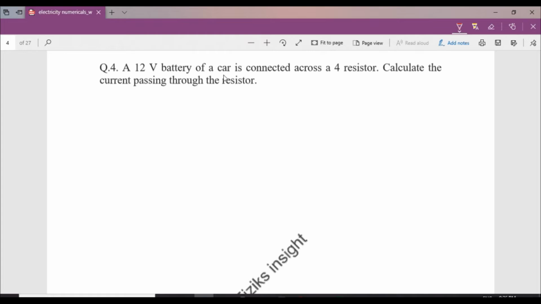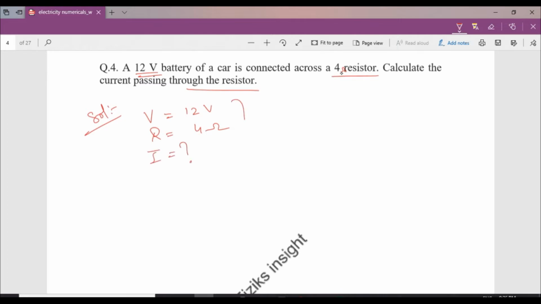A 12 volt battery of a car is connected across 4 ohm resistor. Calculate the current passing through the resistor. Here potential is given to you, that is 12 volt, and resistor is 4 ohm. Now we have to calculate the current passing through the resistor.